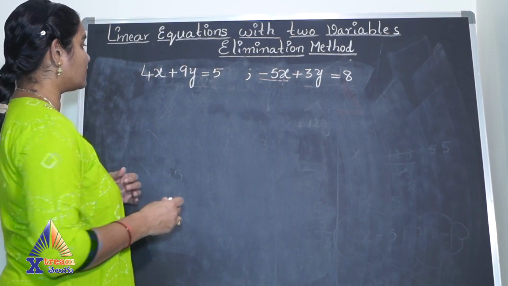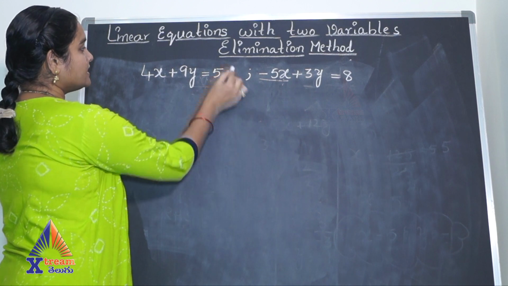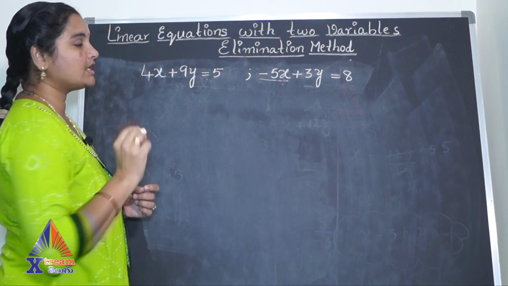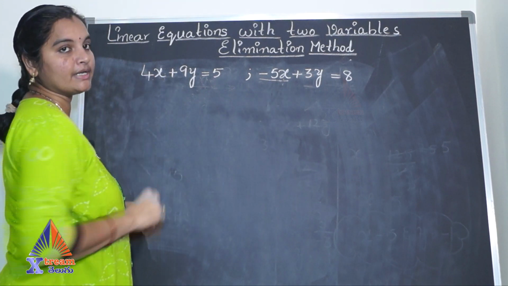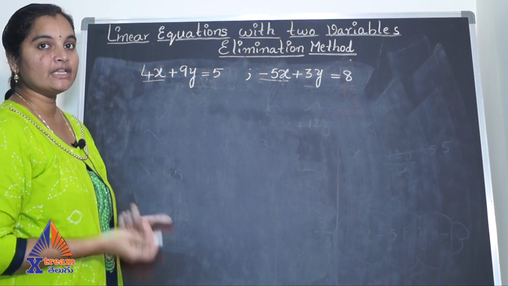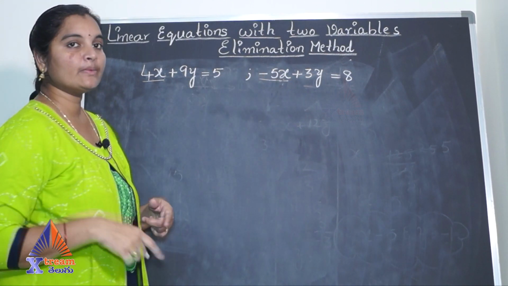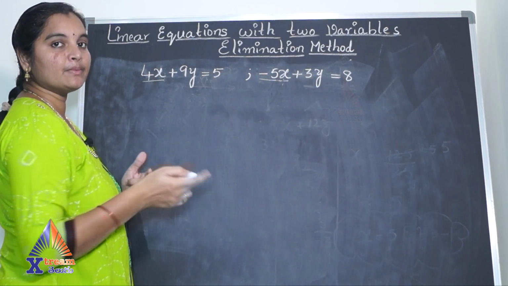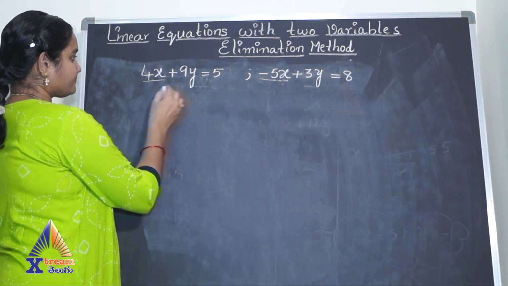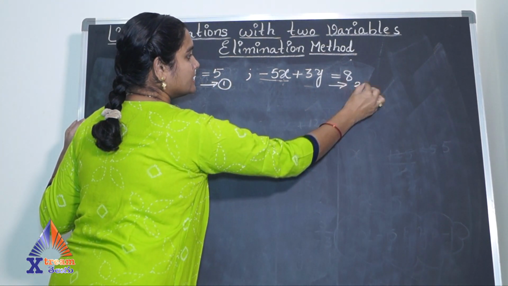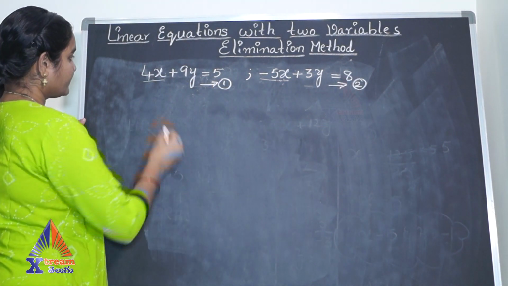As I told you previously, we have to multiply the entire equations with such numbers which give us the x terms as 20. That means 4 becomes 20 when you multiply it with 5, and 5 becomes 20 when you multiply with 4. So these entire equations we multiply with the respective numbers. This is equation 1 and this is equation 2.